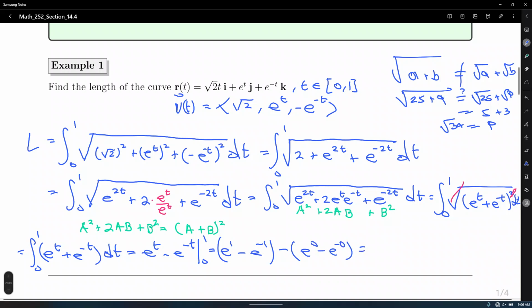That is simply e minus e to the negative 1, and then e to the 0, which is 1, minus e to the 0, which is simply 1. Maybe e minus 1 over e. Any of these two are acceptable, right?